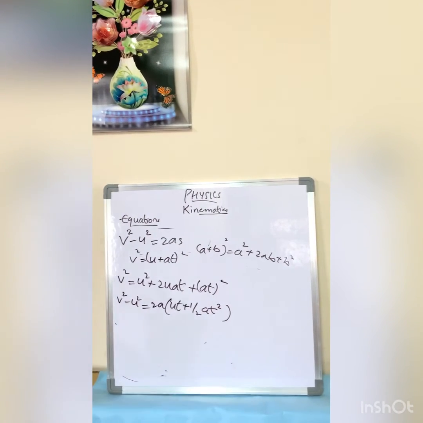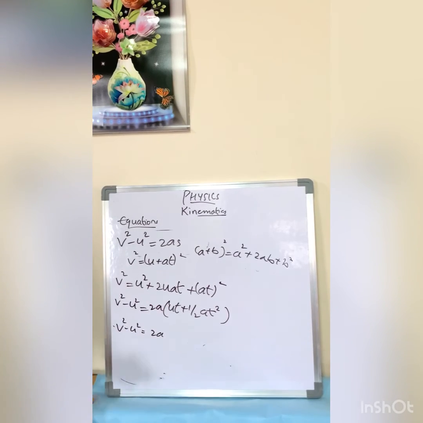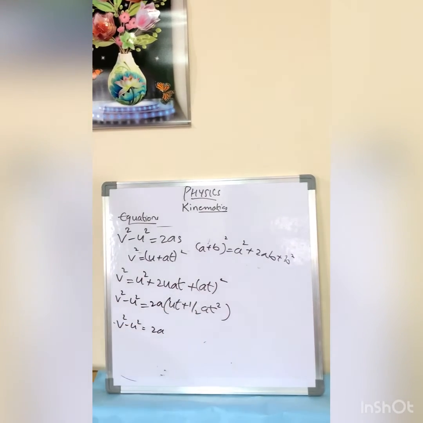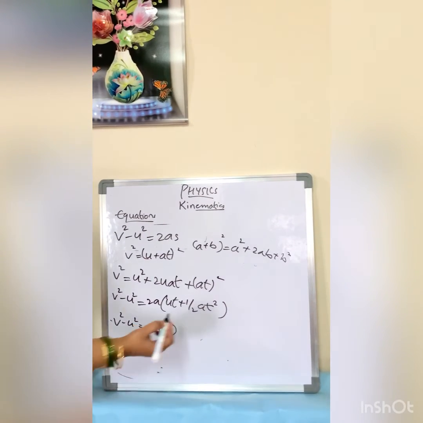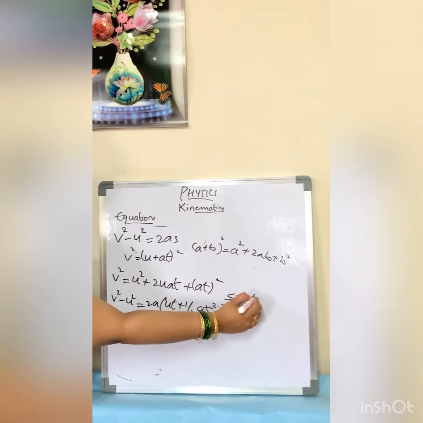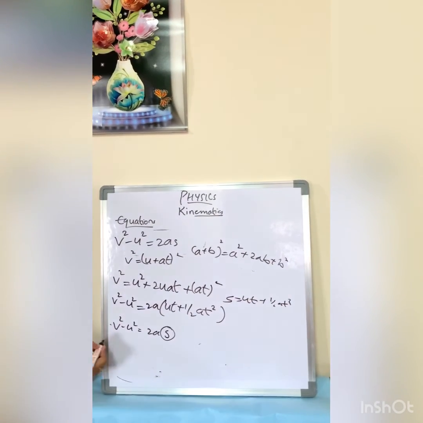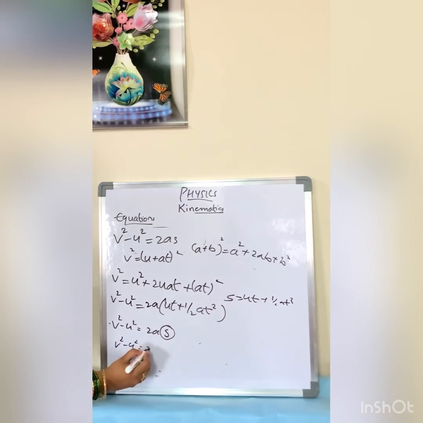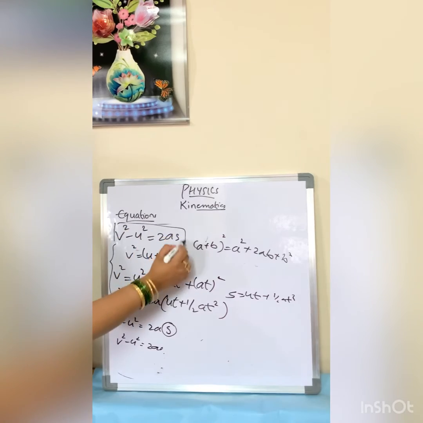Okay. Now V square minus U square is equal to 2A into UT plus half AT square, which is S, displacement. Since S is equal to UT plus half AT square, V square minus U square is equal to 2AS. With this derivation, we got this equation.